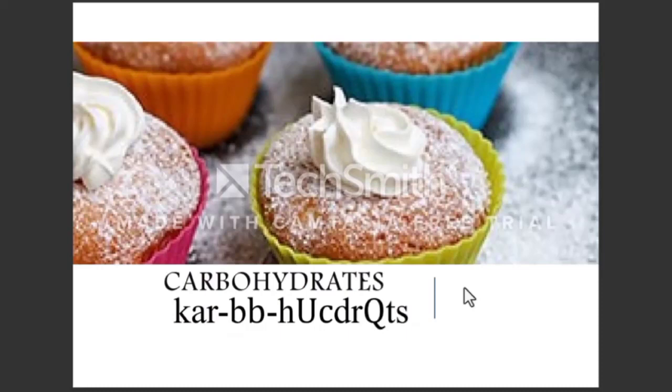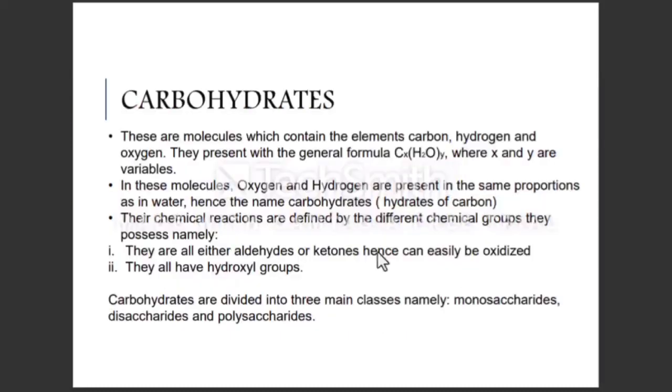So let's start by looking at the carbohydrates. So the word carbohydrate comes from compounds that are made up of carbon and water. Water that is made of what? Hydrogen and oxygen. So these compounds, they contain carbon and hydrogen with oxygen. So it is very important, as the name says, hydrate, water, to note that the ratio of hydrogen to oxygen is always 2:1.